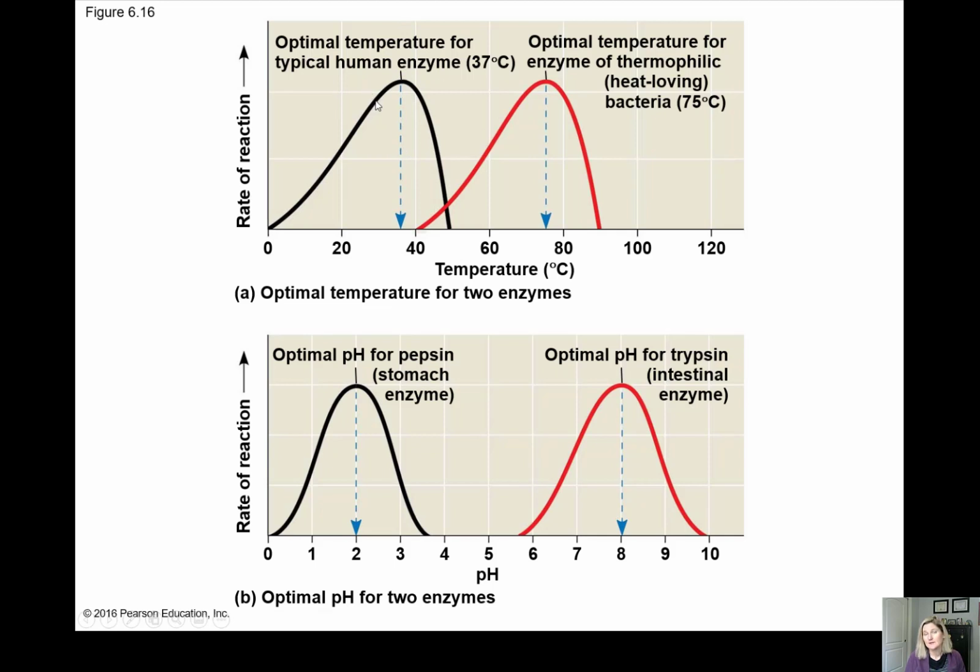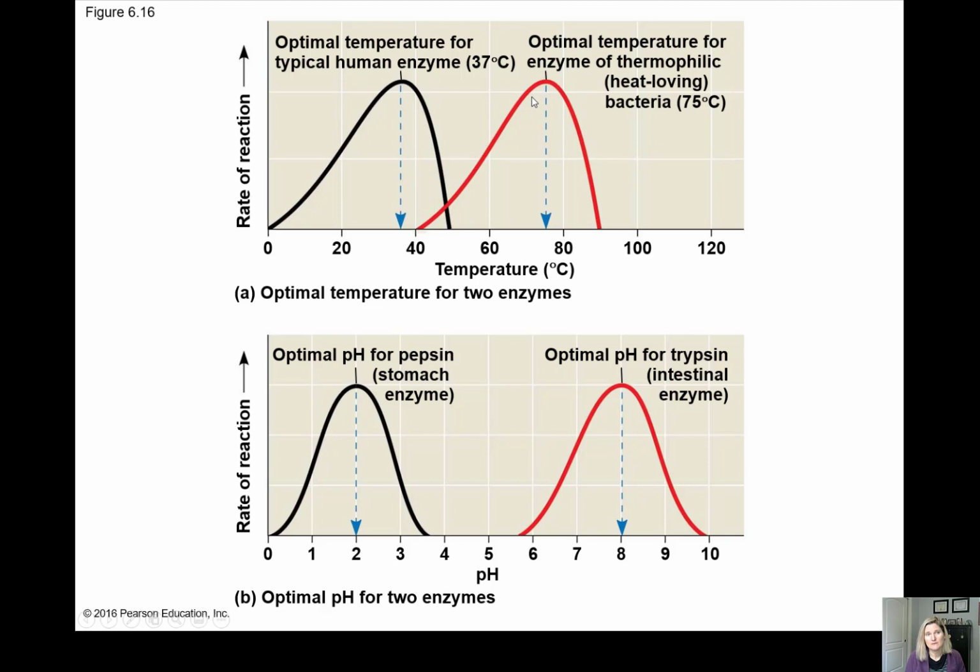So a typical human enzyme is around 37 degrees Celsius. And it can tolerate cooler temperatures, but it eventually will begin to denature if the temperature is too high. Other organisms like bacteria can survive warmer temperatures just fine. Like a thermophile is a type of bacteria that can live at extremely high temperatures.